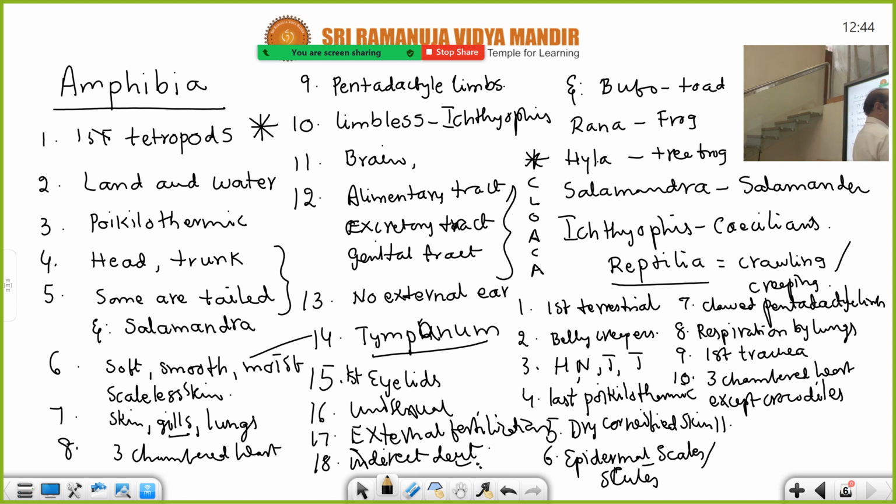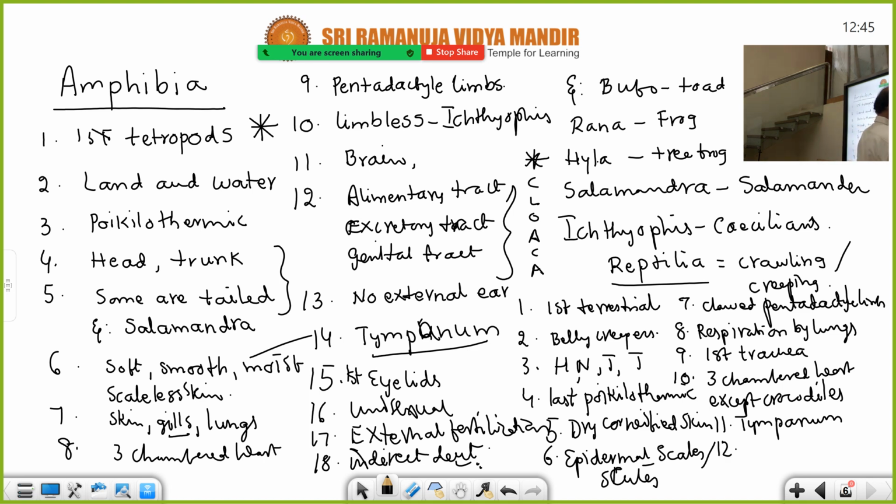And then here also the tympanum represents the ear. Same point repeated already, I told you here only itself, 14th point mentioned already. All the three, amphibia, reptiles and birds, have no external ear. Ear represented by tympanum. This is the same common point to all these three.